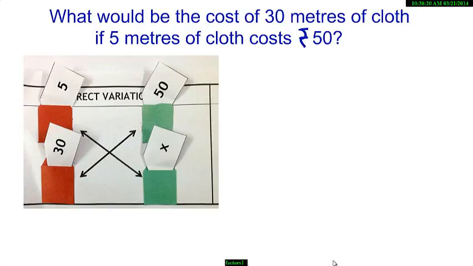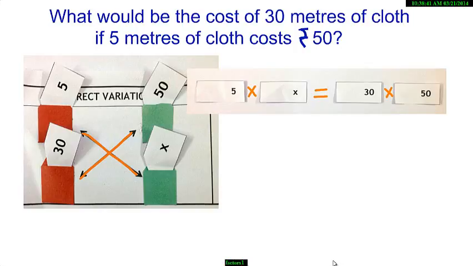Remember, in direct variation, you will see the cross multiplication or this cross as the pattern. Now, remove your numbers and follow the pattern to form the correct equation in the working space provided in your lab observation sheet.